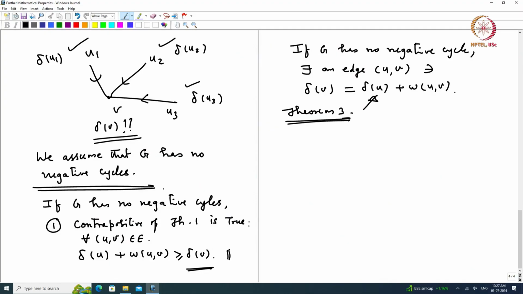This still does not give a formula. In order to have a formula, we need one more result. In other words, if G has no negative cycle, we are going to show that there exists an edge (u, v) such that delta v equal to delta u plus w(u, v). We will see the proof of this theorem in our next session. Thank you.